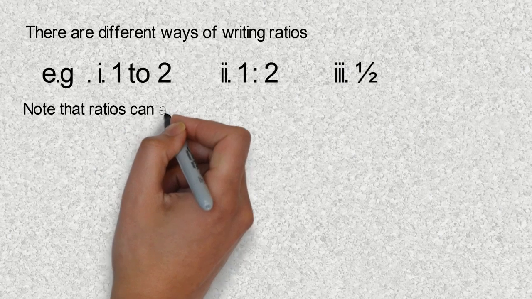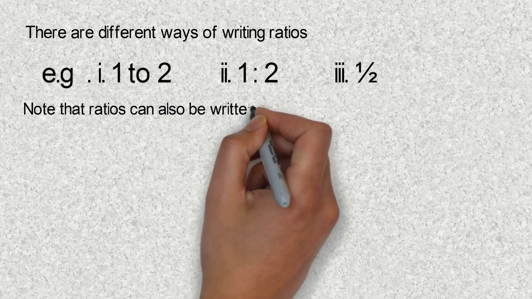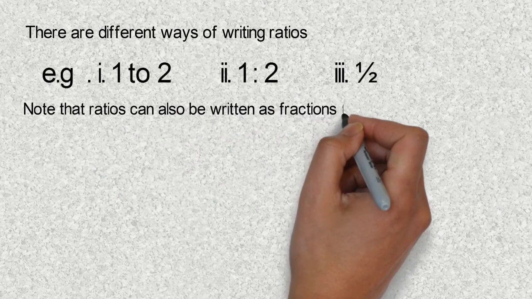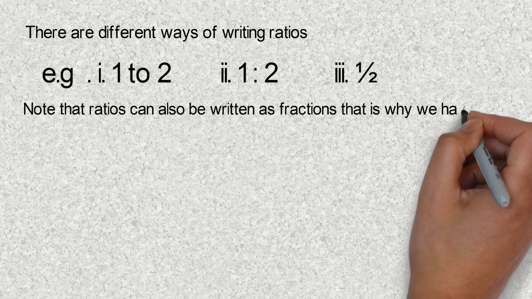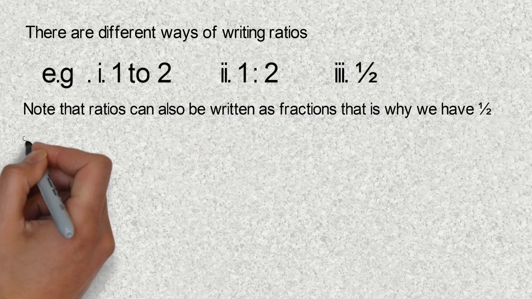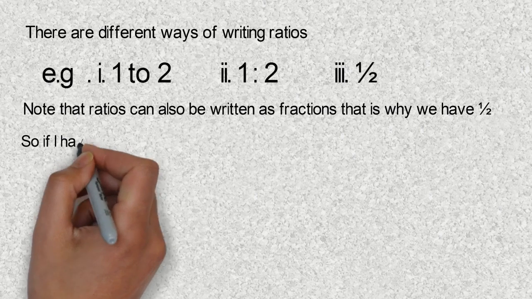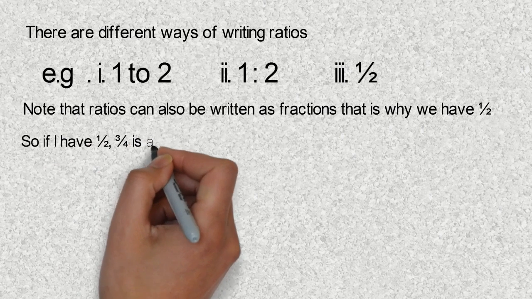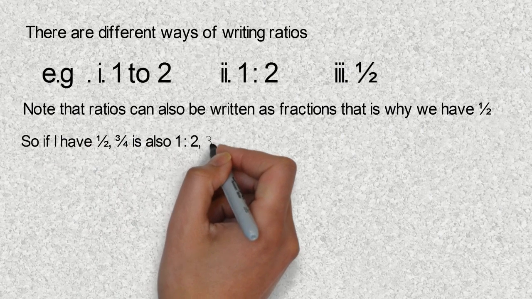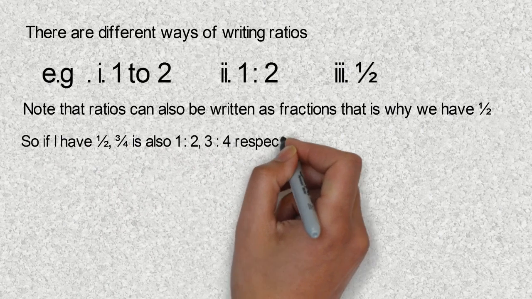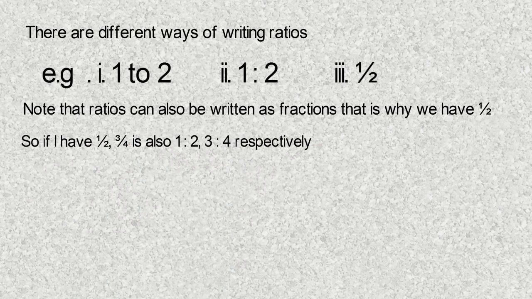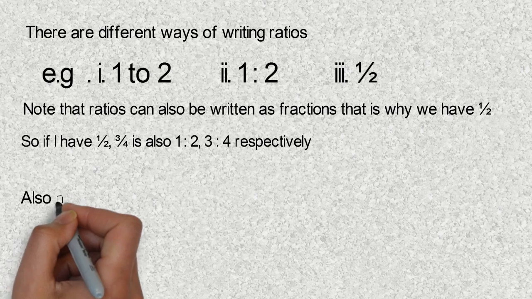Do you see that? Note that ratios can also be written as fractions. That is why we have 1/2. So if I have 1/2 and 3/4, it is also 1:2 and 3:4 respectively.